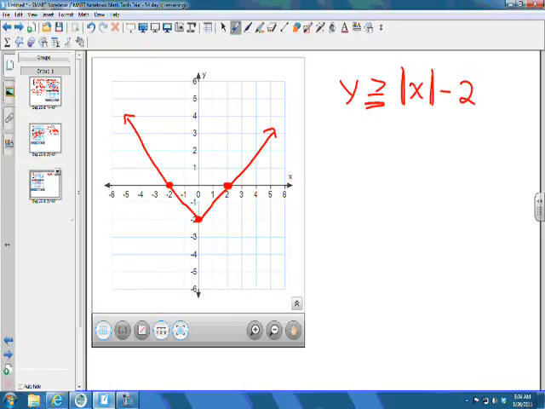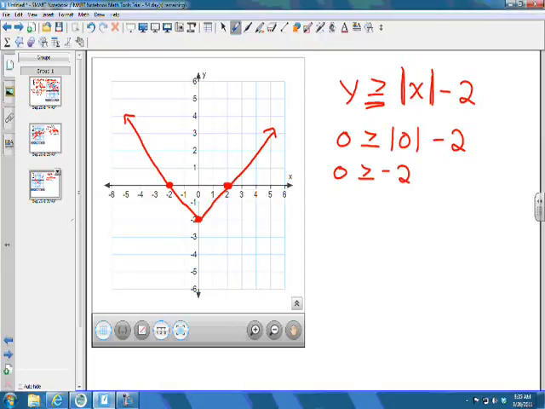So does this one go through 0, 0? No, so we can put that in as a test point. So 0 greater than or equal to absolute value of 0 minus 2. So that would become 0 greater than or equal to negative 2.